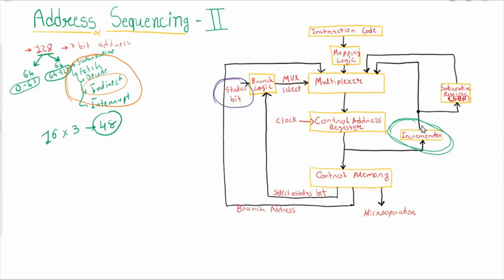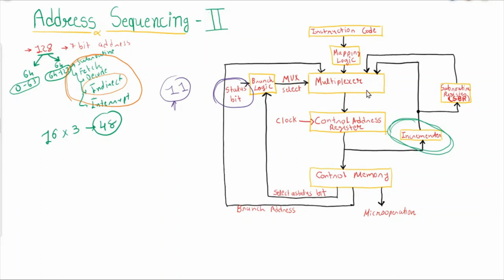If the condition is false, then by default the input will be taken from the incrementer. Next, we have seen the unconditional branch. If we keep the value of certain bits to, let's say, 1 1, then by default it will go to the next location rather than going to a specific branch or location.